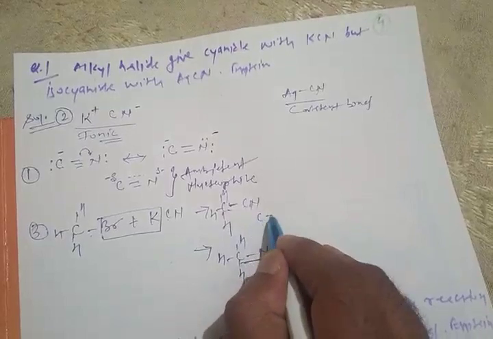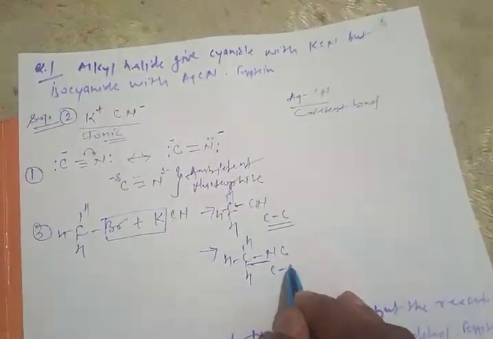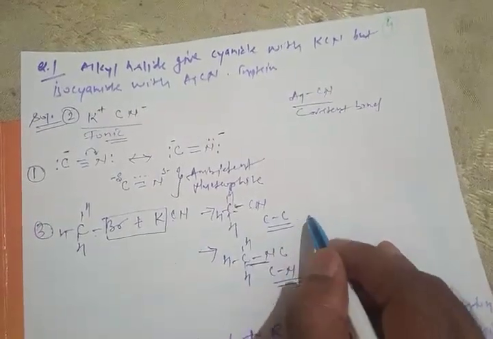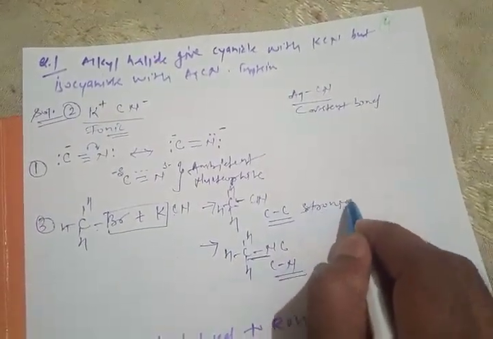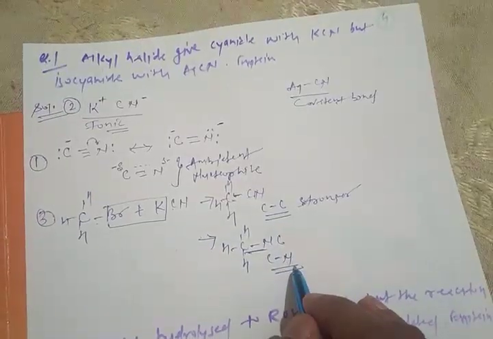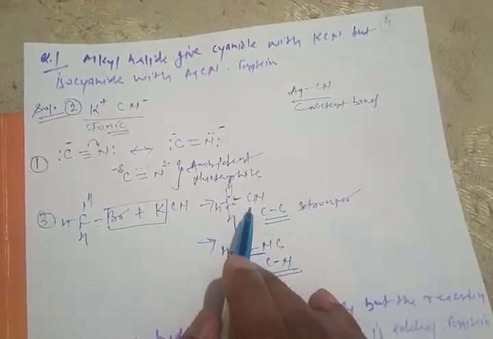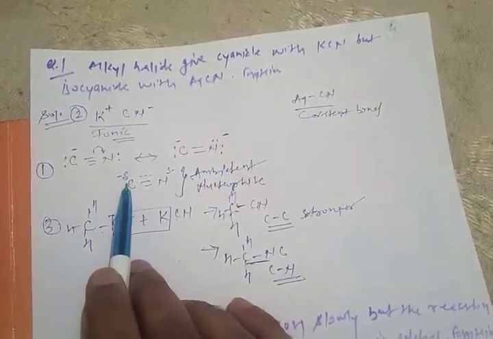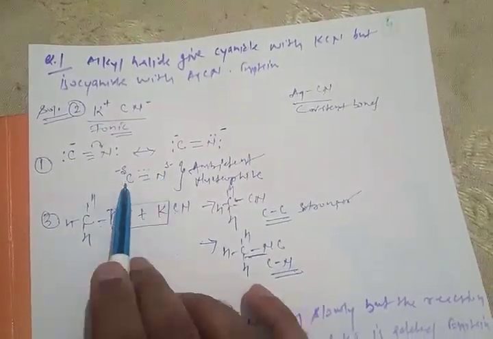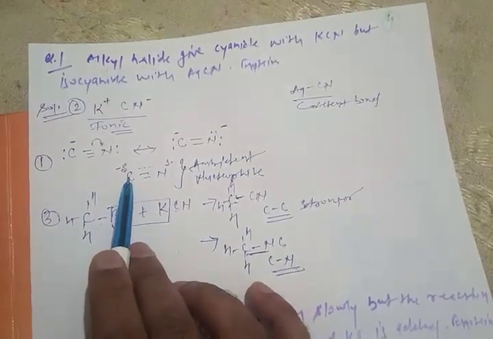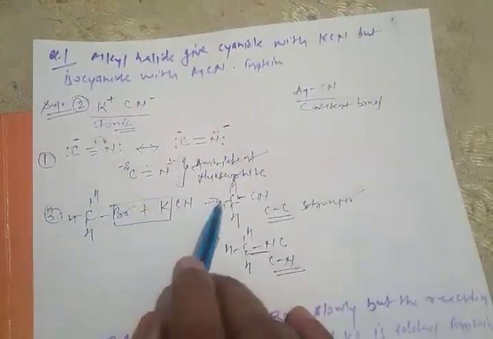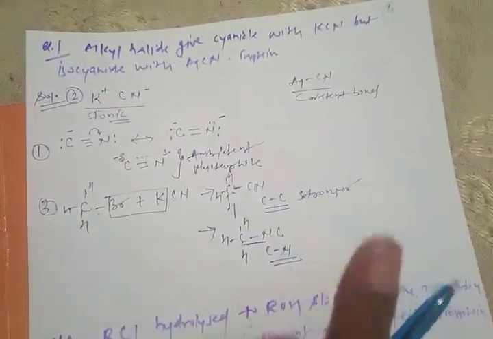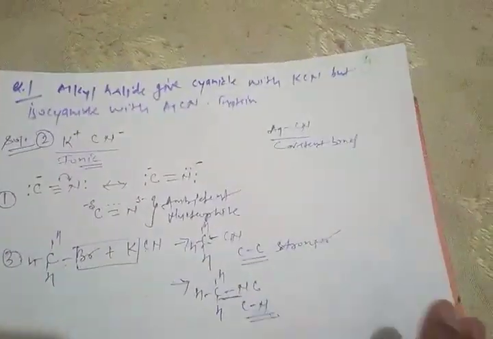This is the difference: this is a carbon-carbon bond and this is a carbon-nitrogen bond. The carbon-carbon bond is quite stronger compared to this. That is why the carbon side will be preferable here. Although both can attack, the preferable side is the carbon side, because the formation of a carbon-carbon bond is stronger compared to this one.